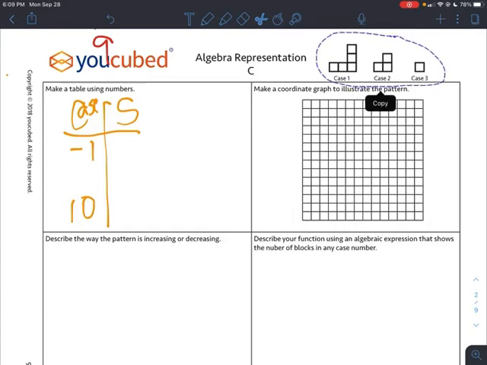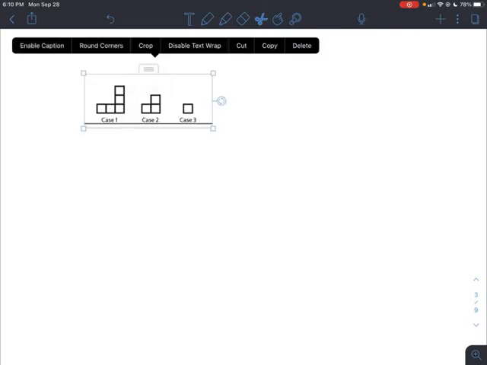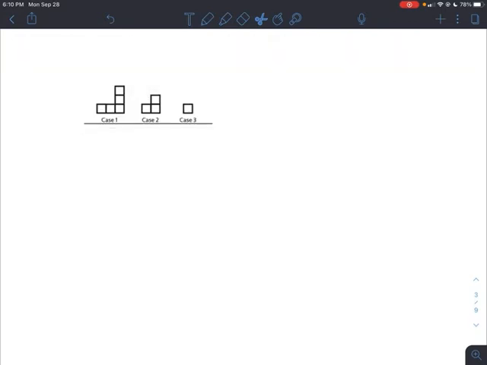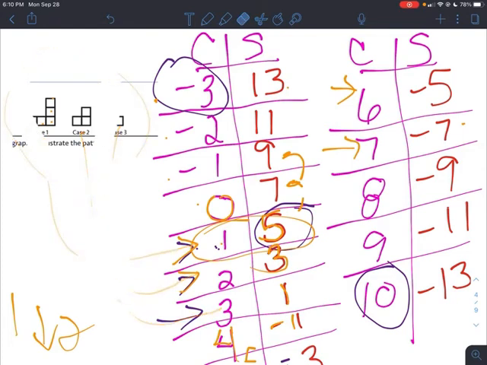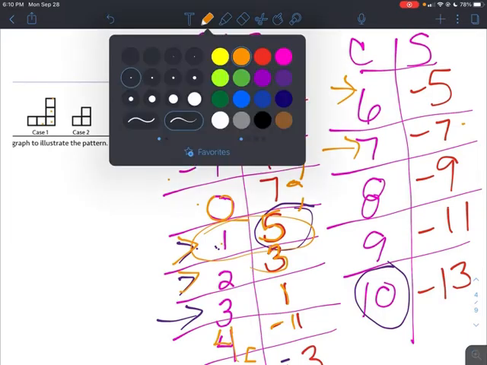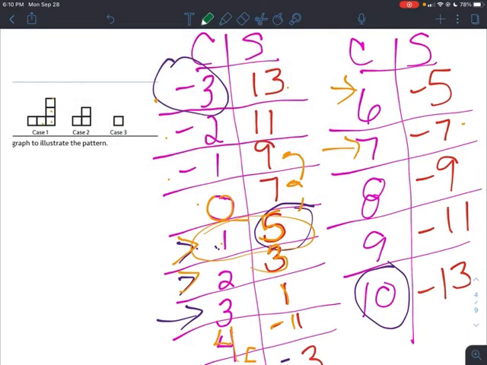So now we are going to copy our case number and put it on our page, so that way it's really easy to do. And then we are going to make a table. As you can see, I've already done this once, because I feel like it takes a lot of time to write all this out.